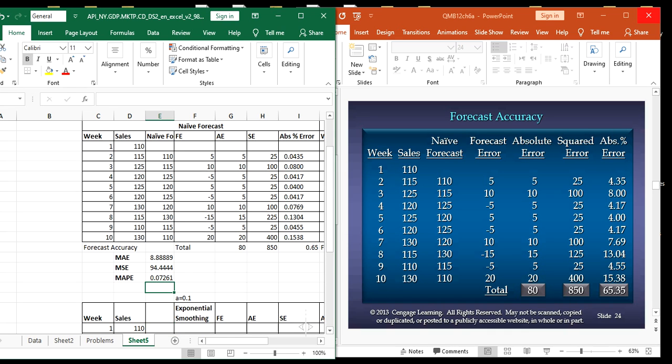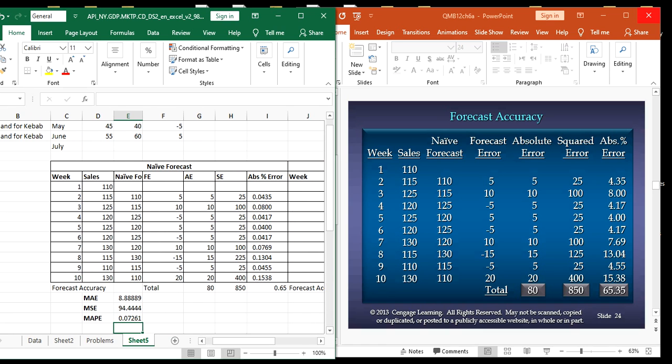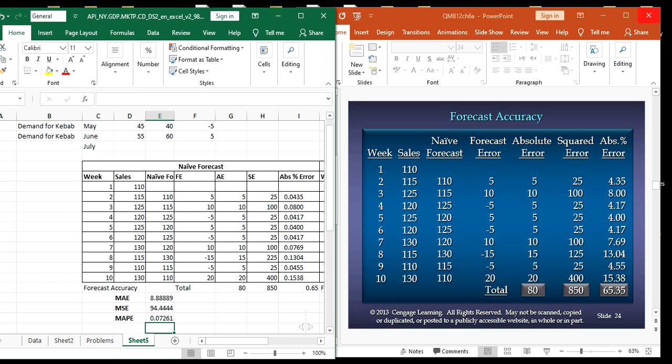The one with smaller forecasting error is the best method. That's how we select which one is the appropriate method of forecasting in our case.